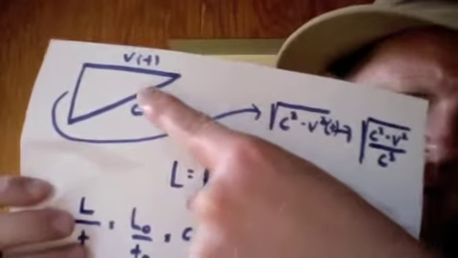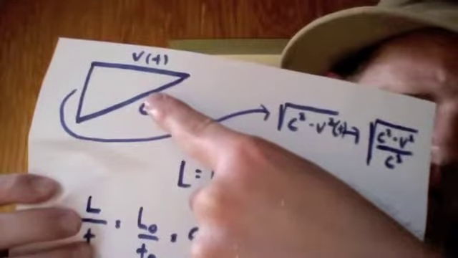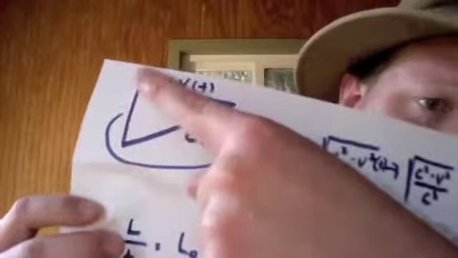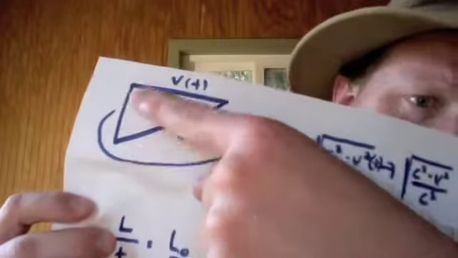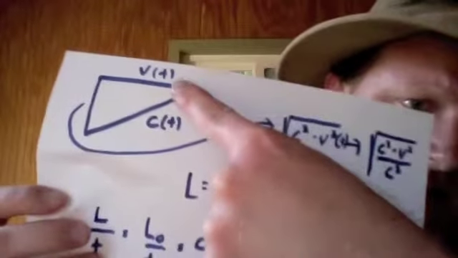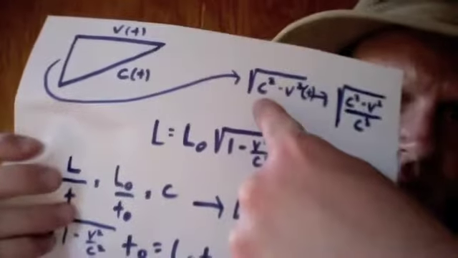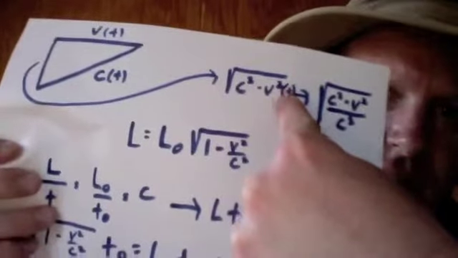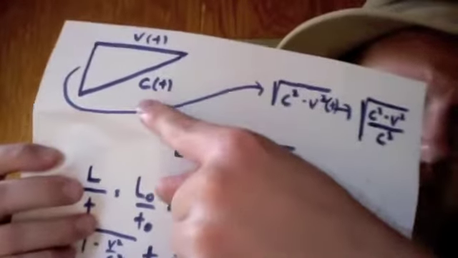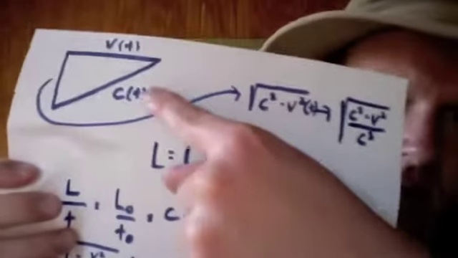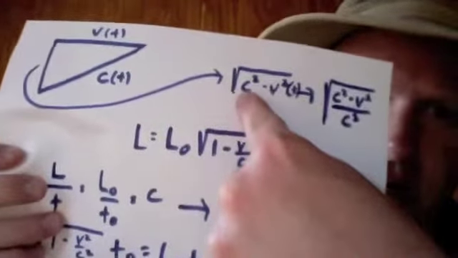But that distance here is now going to crunch into this distance here that we see with the rocket ship, with the light bouncing up and down, which is actually, if this is ct and this is vt, then that's going to be the square root of c squared minus v squared times t. So ct is going to become the square root of c squared minus v squared times t due to length contraction.